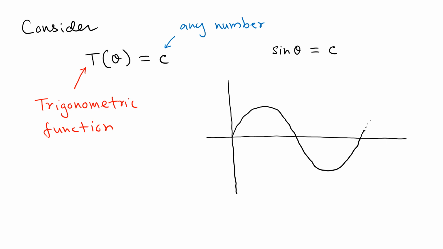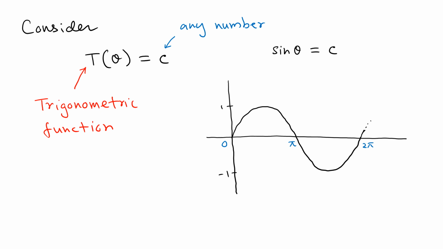It's going to start at 0. Let's say we just look at one period: 0, pi, and 2 pi, and then the graph goes between two specific values, 1 and negative 1. Now let's see several situations. For example, let's say you pick a c value of 1/2.